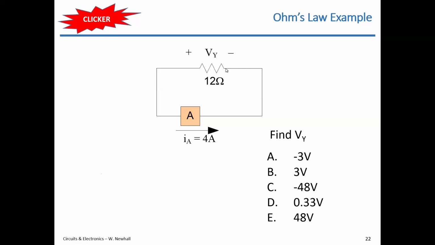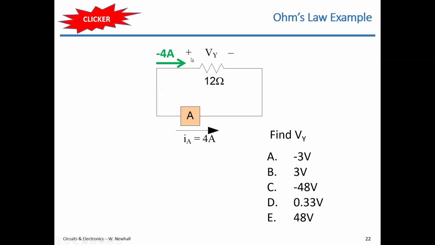So I could do one of two things. Instead, I have IA coming in from the right. I could flip the polarity of VY and then call it negative VY. Or I can flip the reference direction of the current and call it negative IA or negative 4. And that's what I chose to do here. I have 4 amps going right to left, so I have negative 4 amps going left to right.